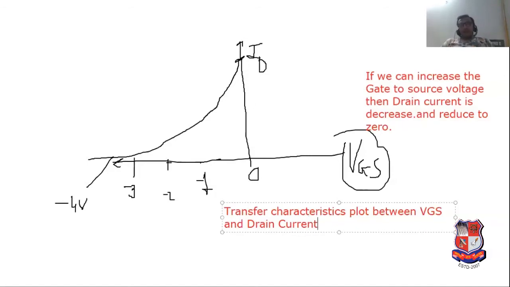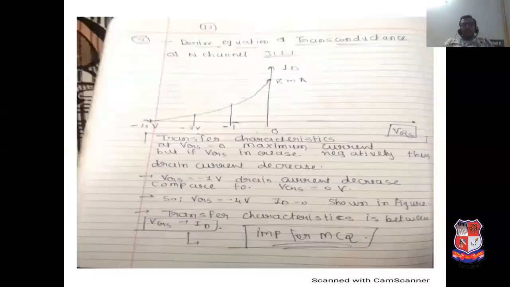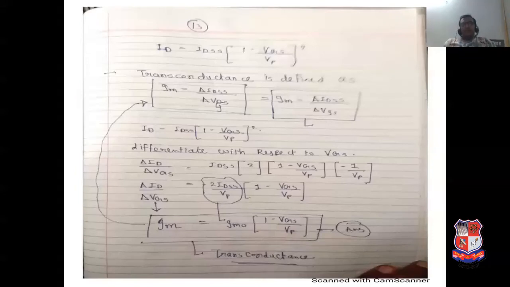Transfer characteristics is the plot between VGS and ID, and output characteristics is the plot between VDS and ID. So it is the fundamental difference. It might be helpful for MCQ concepts. So see this, it is the fundamental concept regarding transconductance for n-channel JFET. Now at VGS equal to -1 volt, drain current decreases compared to VGS equal to 0. So it is the graph between VGS and ID.